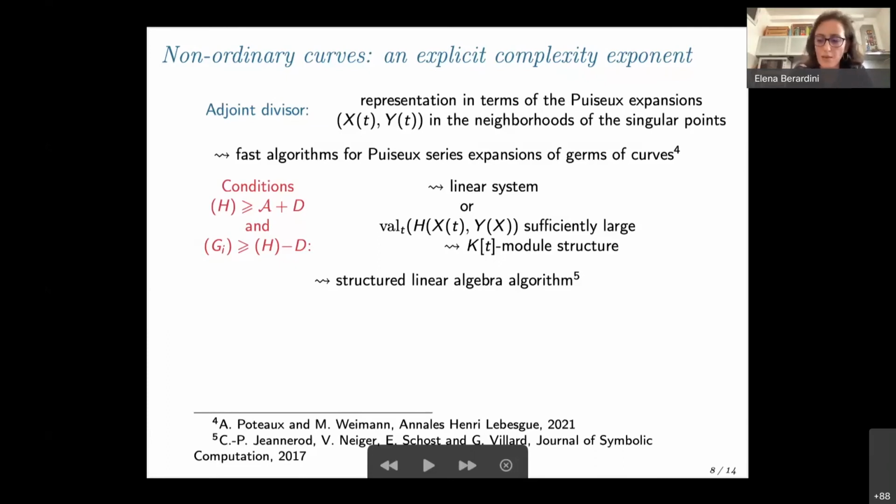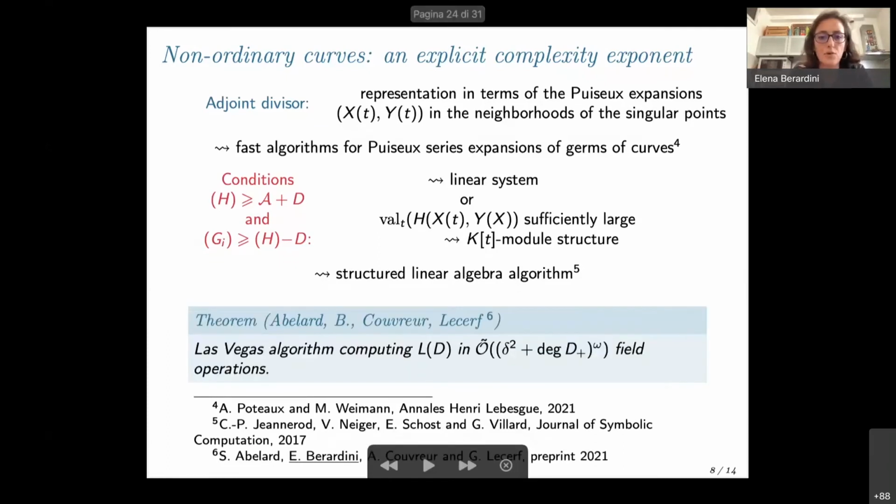And so what we get at the end is an algorithm that is able to compute a basis for L(D), so for the Riemann-Roch space of any type of curves, which now allows us to construct AG codes from any type of curves.